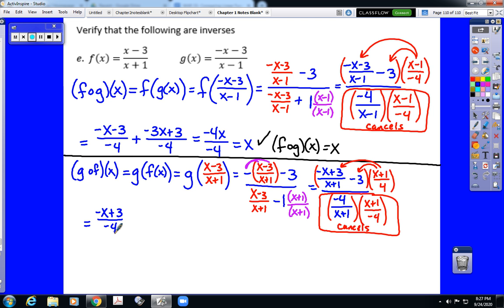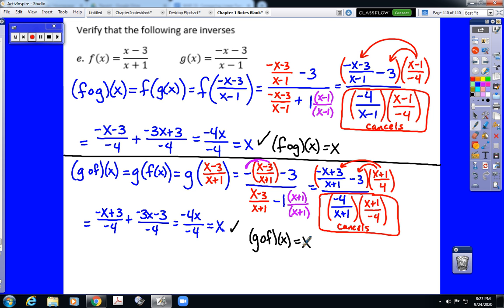The second fraction, we multiply negative 3 times x plus 1, which would be negative 3x minus 3 over negative 4. Combine like terms, negative x plus negative 3x is negative 4x. 3 plus negative 3 is nothing. It drops out over negative 4. Again, those negative 4's would cancel, leaving just x. So there we have confirmed that g of f of x is equal to x as well.